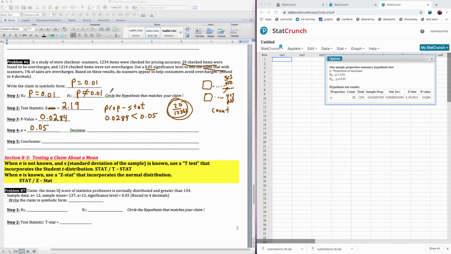This result would not be expected if it was really 1%, so we're going to reject the 1%, which just means we're going to reject the null. So therefore, we found evidence. Remember, I'm writing about this now. We found evidence.